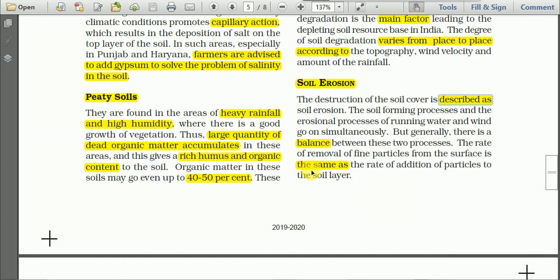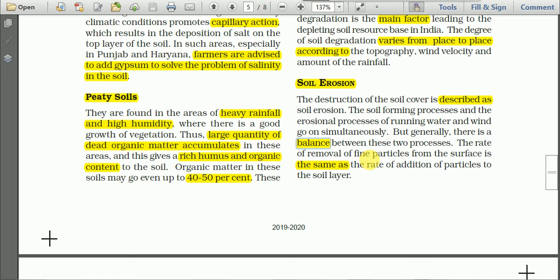Okay, let me repeat. Soil is formed as well as degraded simultaneously, at the same time, but generally there is a balance between the two processes. That is, the two processes here mean soil forming processes and the erosional processes. Both are natural processes.